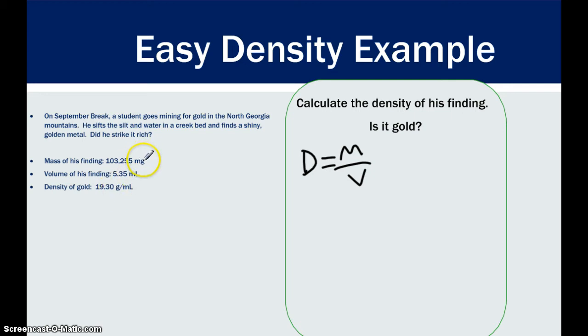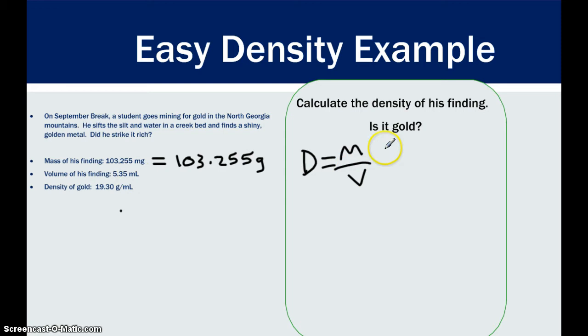So what I'm going to have to do is change that to grams. 103,255 milligrams is 103.255 grams. All I did there is move the decimal point 3 places because there are 1,000 milligrams in 1 gram. The milliliters is fine for the unit of volume because it's there and there.